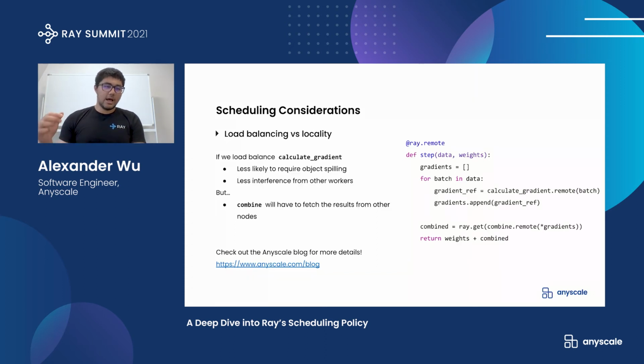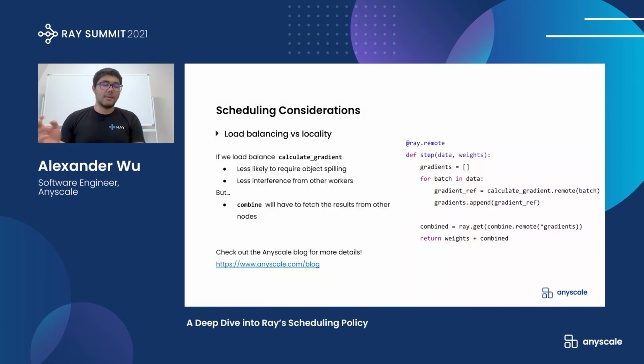One really common thing that we tend to think about with scheduling is the idea of load balancing versus locality. If we load balanced all of these calculate gradient tasks, that would make a lot of sense because it would quickly distribute these tasks across the cluster.